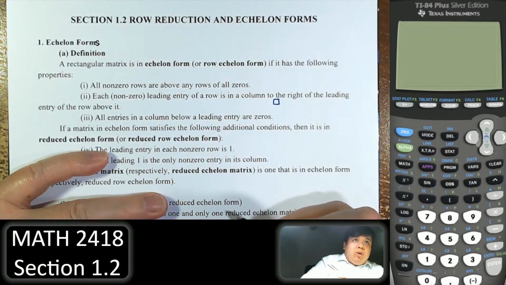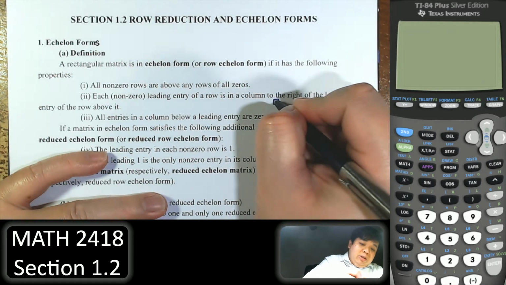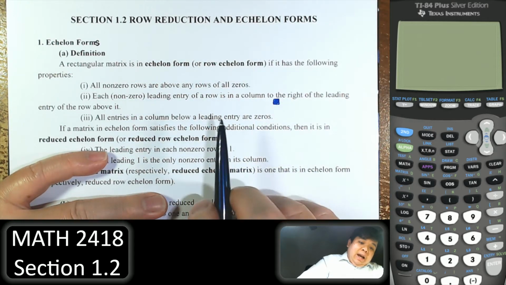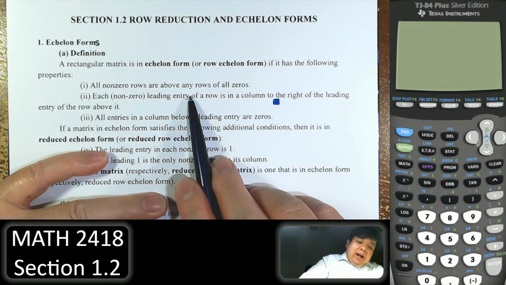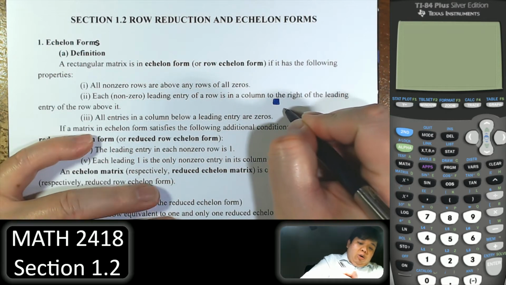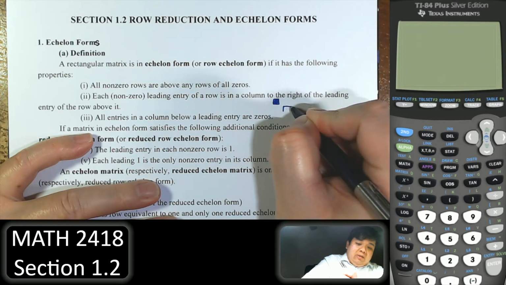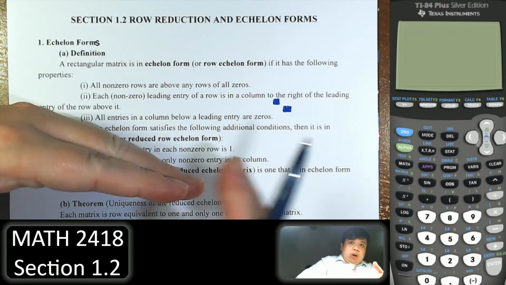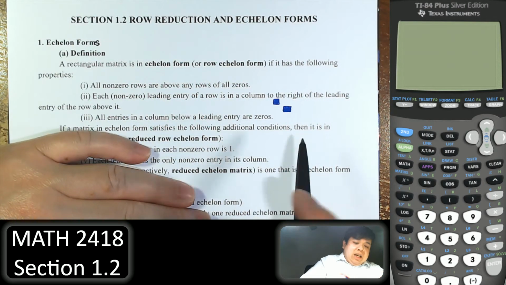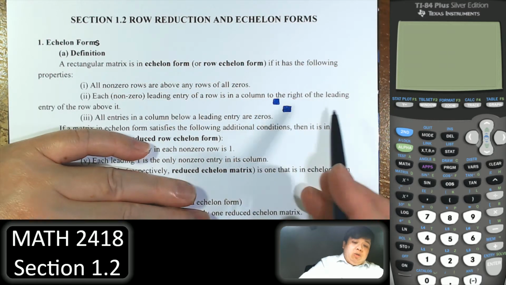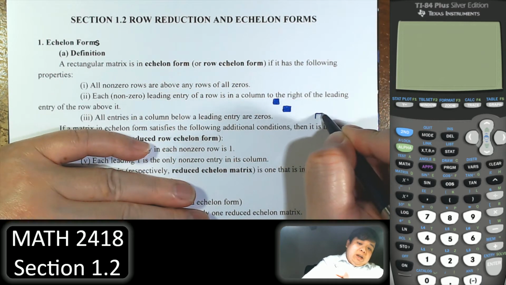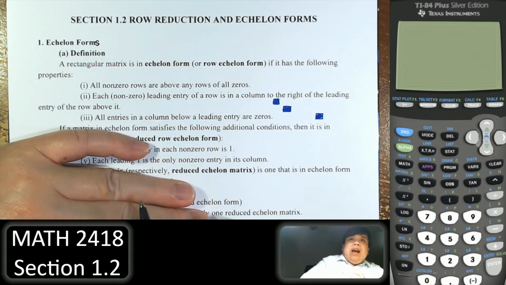The leading entry of the row below has to be on the right of it. It doesn't have to be immediately on the right. It could be further along. So this is called the echelon form.